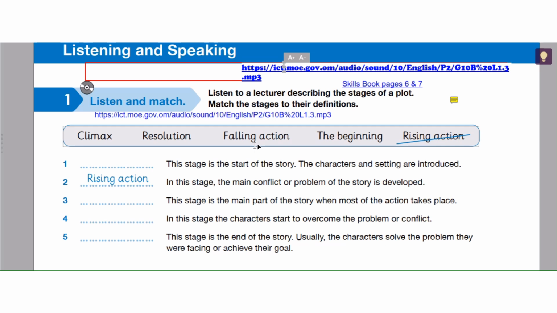In this stage, characters start to overcome the problem or conflict they were facing. The last stage in a plot is called the resolution. This is the end of the story. Usually, at this stage, characters have overcome the problem they were facing or managed to achieve their goal.